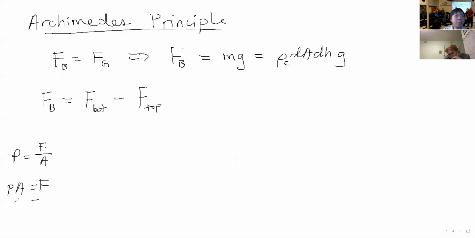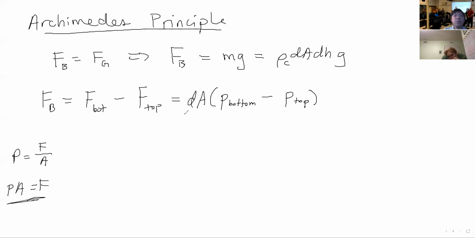And then we can use PA equals F to get that this is equal to, the area is going to be the same, right? But then you have the pressure at the bottom minus the pressure at the top, okay? And this is going to be dA because we're still working with the cube.